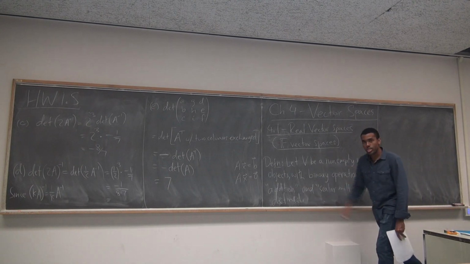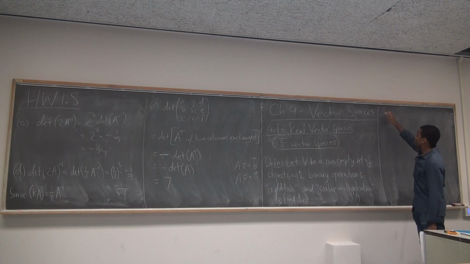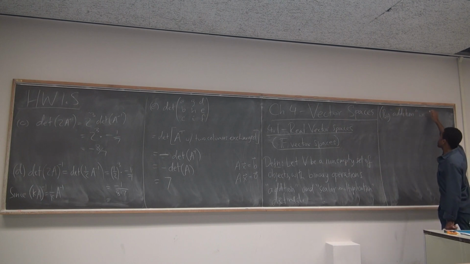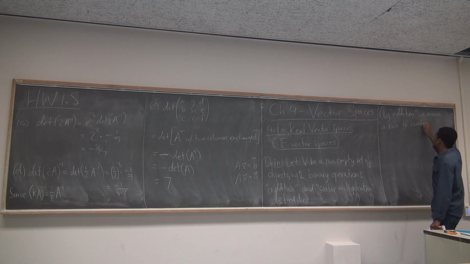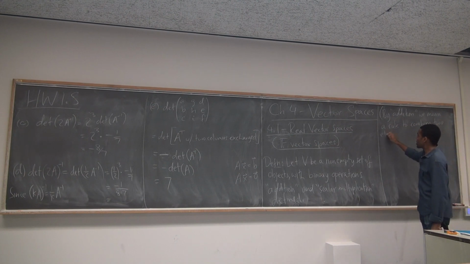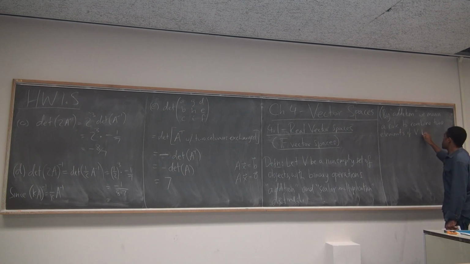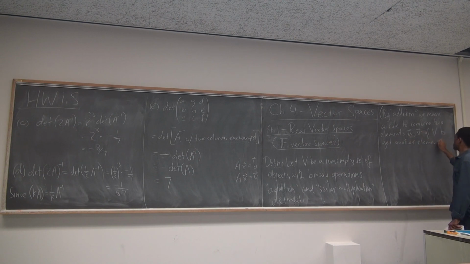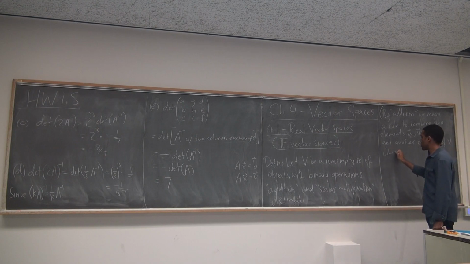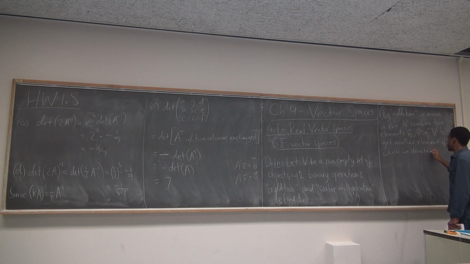So I put these words in quotes because I don't want you to think addition when you think addition, right? By addition, we mean a rule to combine two elements of V, two elements, let's give them names, U and V of V, to get another element of V, which we denote by U plus V.